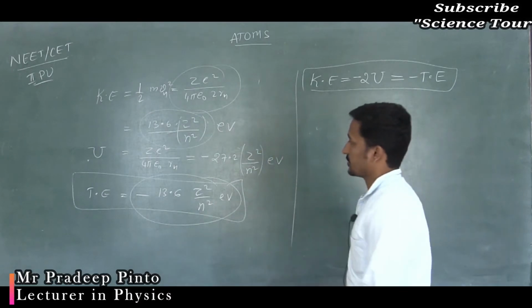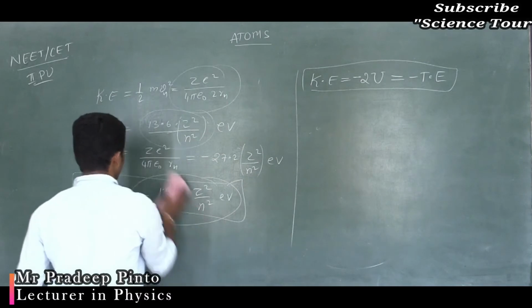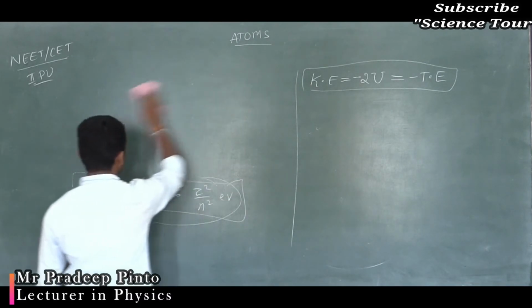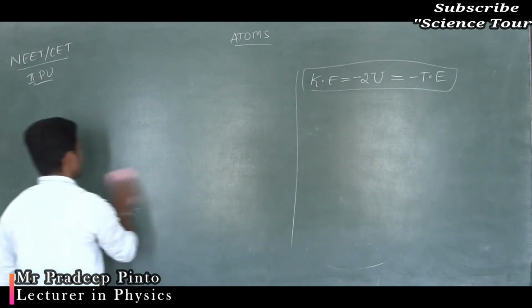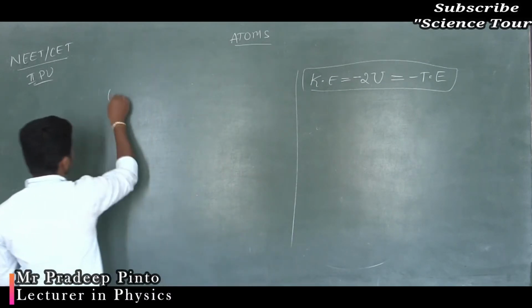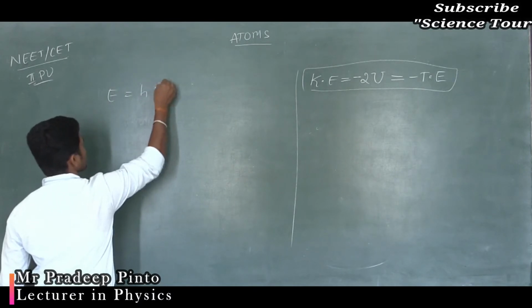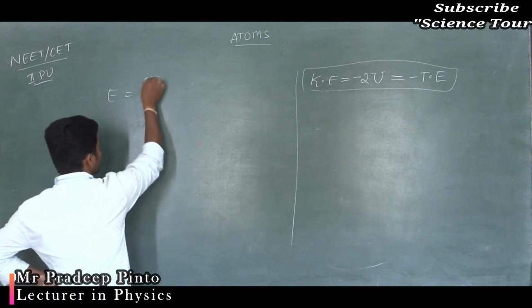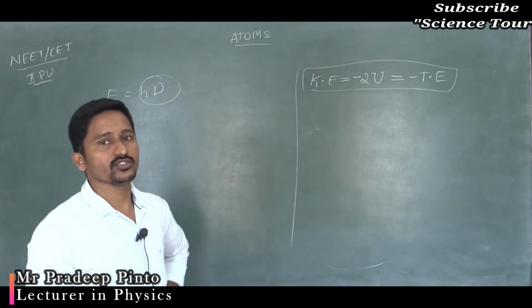Because of Bohr's expression we got this, and based on the total energy expression we are getting other data. Using Planck's equation, E is equal to h nu, where nu is the frequency, that is the energy of radiation which it is going to emit.